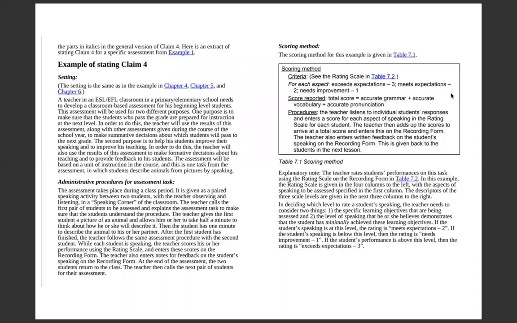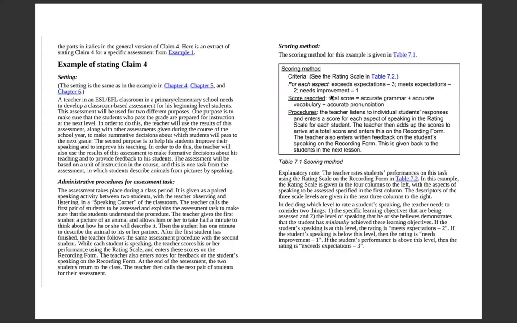It's a teacher who has two purposes in mind. The first purpose is to make sure that students who pass the grade are ready for instruction at the next level. So it's a summative decision.